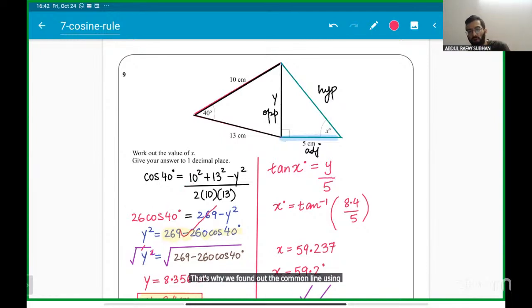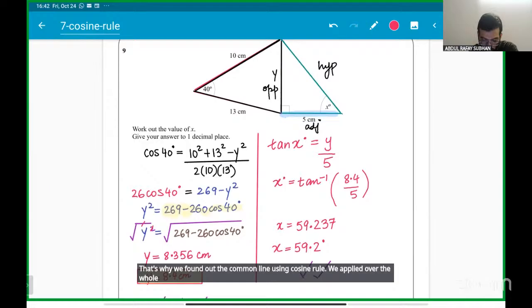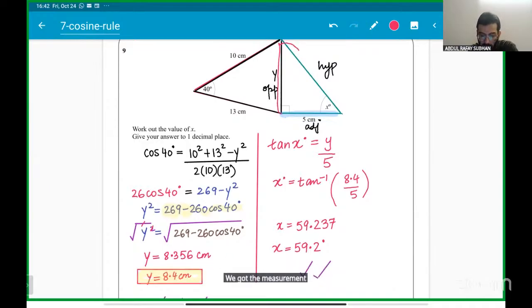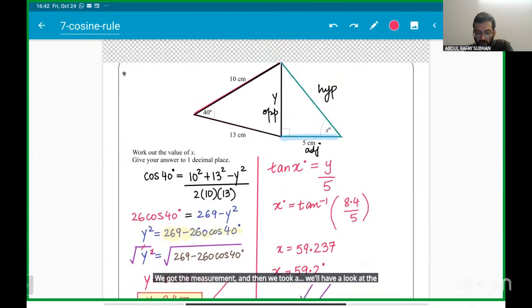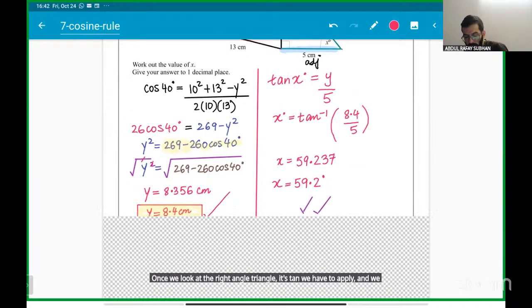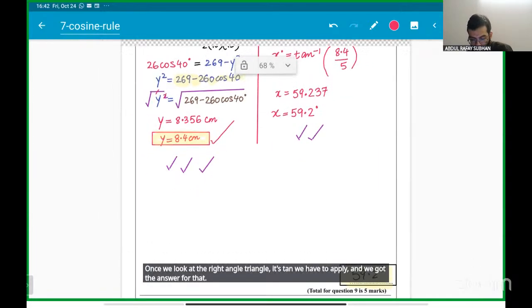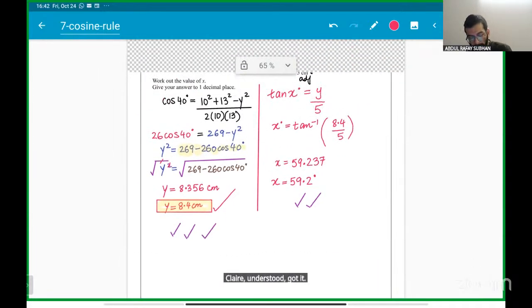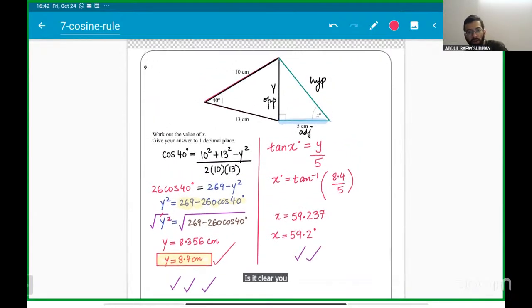That's why we found out the common line using the cosine rule. We applied the whole cosine rule, we got the measurement, and then we look at the right angle triangle. Once we look at the right angle triangle, it's tan we have to apply, and we got the answer for that. Clear, understood, got it? Clear, you got it? So yes, that's what we have to apply.